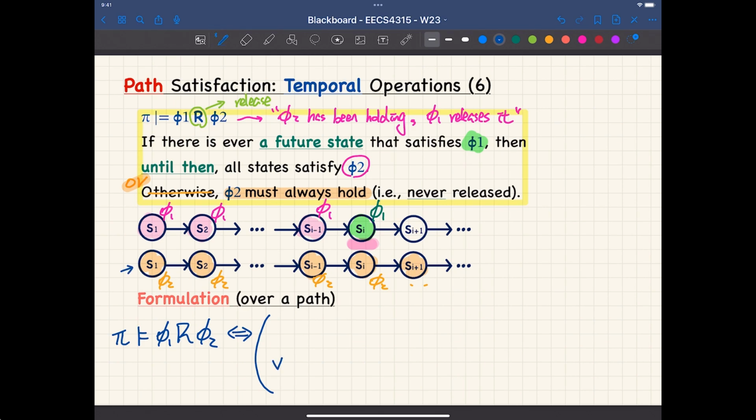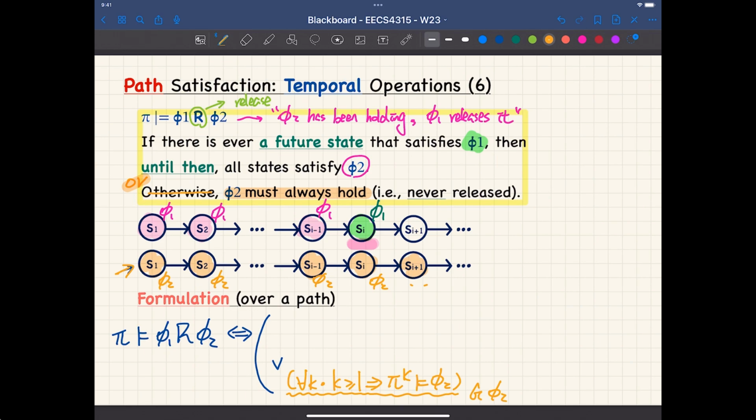Okay? This one here, the orange part, is going to be for every k, k larger than or equal to 1, G phi 2. That's fine too. I'll write it down too. If you really like, that's what you can put in your notes: G phi 2. That's okay.